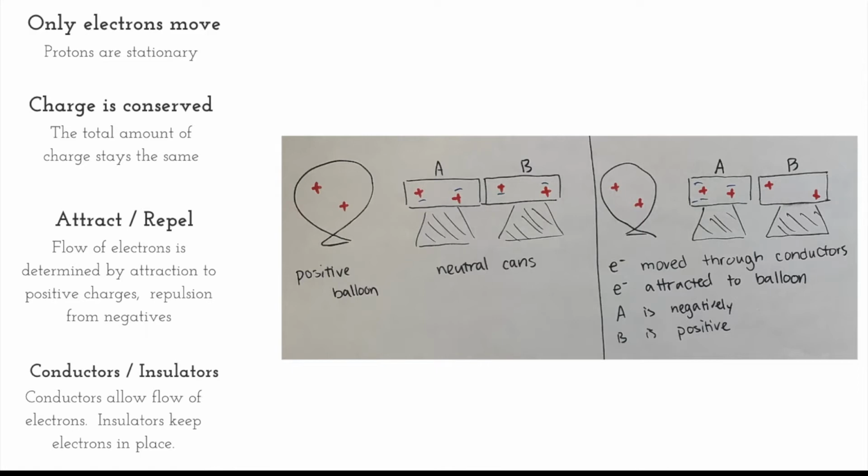Finally, because A and B were neutral cans made of conductors, this allowed for the easy flow of electrons. They didn't flow out through the insulating cups because insulators would keep those electrons in place. So this drawing meets all 4 criteria, and the words match the drawings.